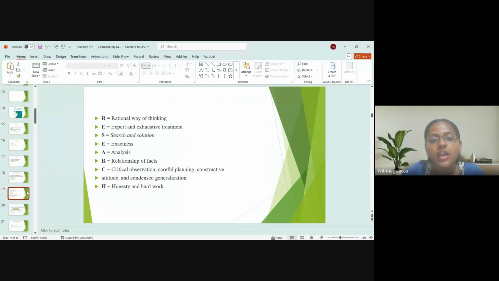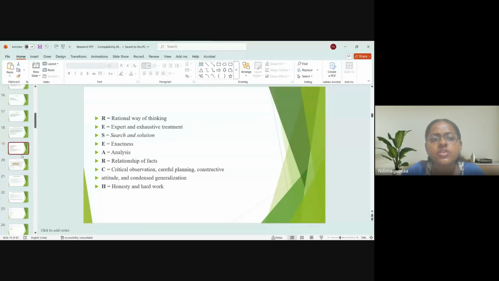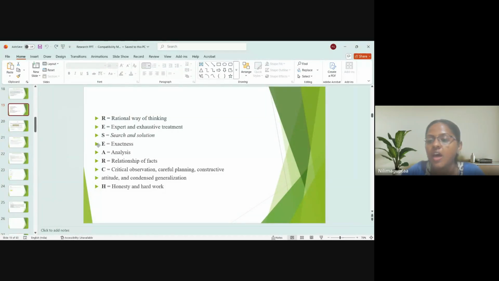Now, just to define research in a more simple manner, we have just elaborated its meaning so that you find more keywords and it becomes easy for you to analyze the questions. So R is rational way of thinking. Again, rational here means scientific way of thinking. Whenever I talk about research, research cannot be done by any random person.